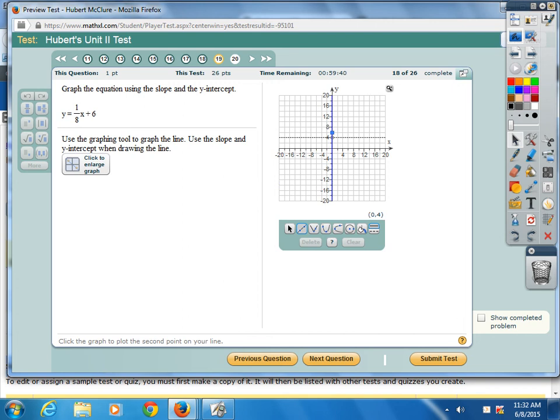Is it 2s? Oh, it's 2s. 1 down and 2, 4, 6, 8 over. 8. There it is.